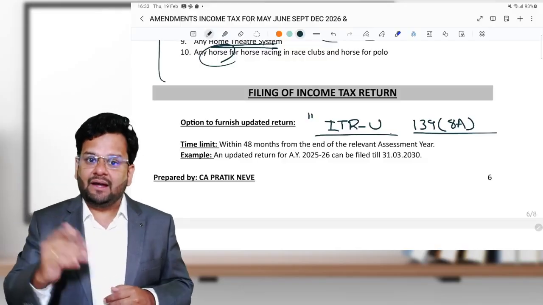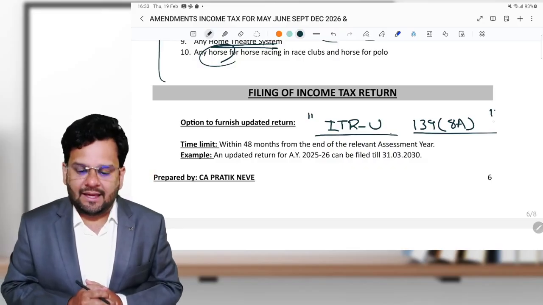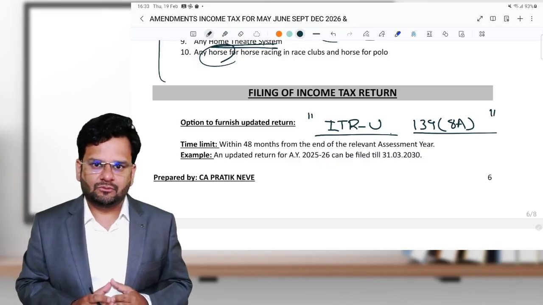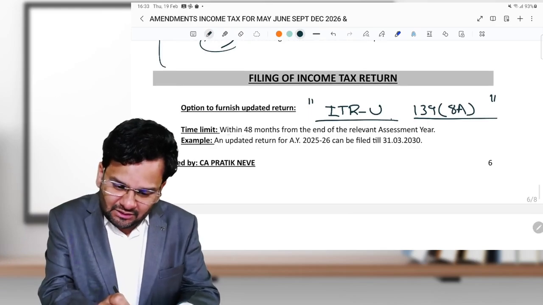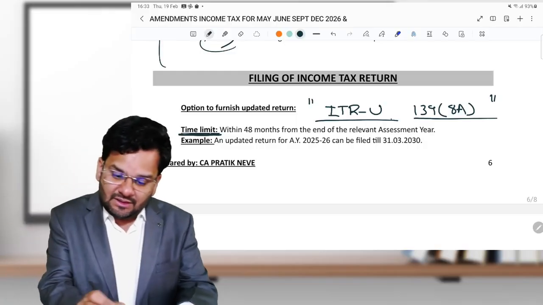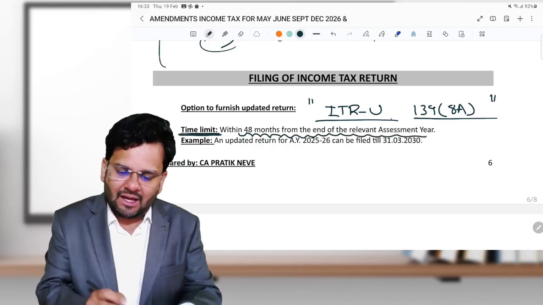It is to be filed as per provisions of section 139(8)(a) of the Income Tax Act. Okay. Now, the amendment is the time limit for filing that ITRU is now 48 months from the end of the relevant AY.